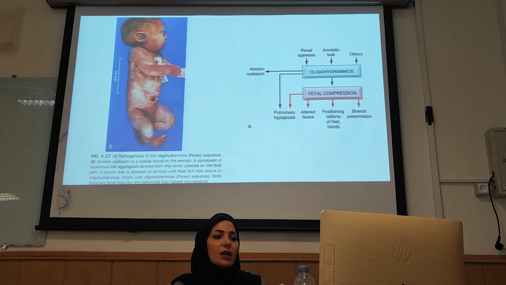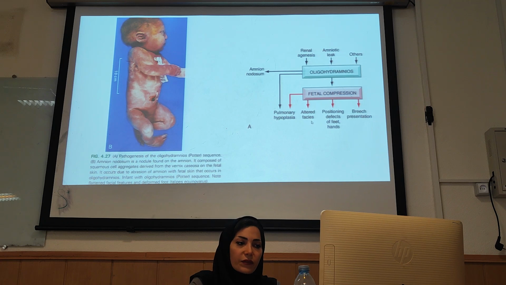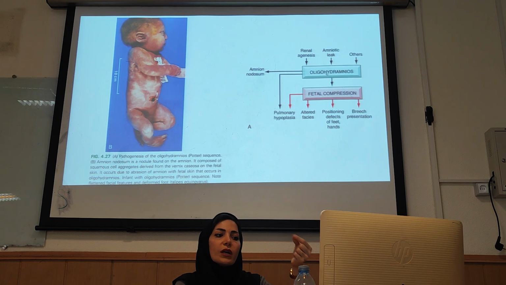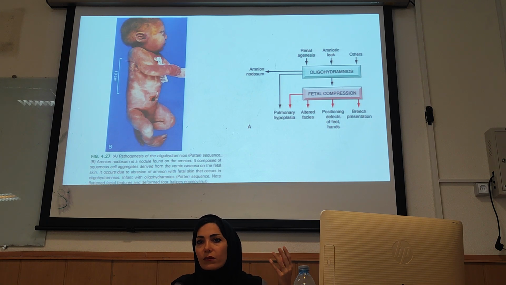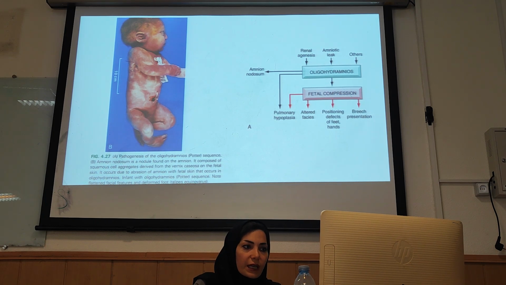Fetal compression leads to breech presentation or altered faces or positioning defects of feet, hands. These events have a cause-effect relationship with each other. Amniotic leakage leads to oligohydramnios, leads to fetal compression, and fetal compression leads to such events as pulmonary hypoplasia or positioning defects of feet or hands or breech presentation.